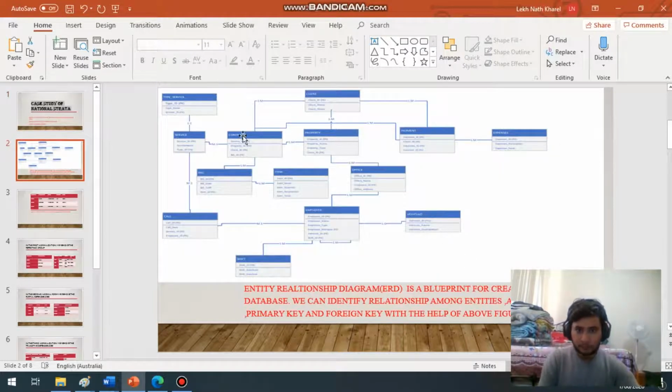ERD. So we created the ERD, entity relationship diagram, listing all the possible entities.